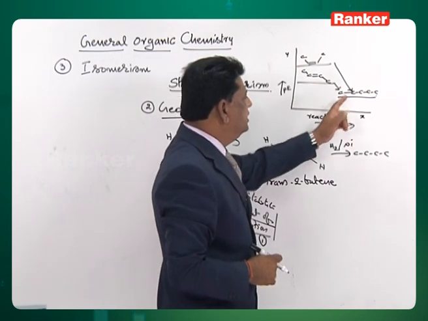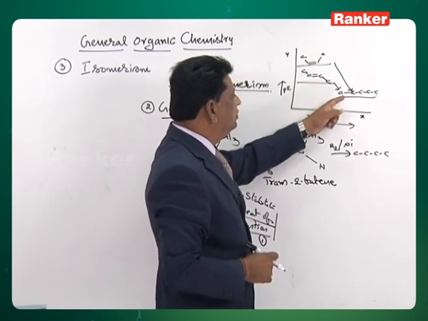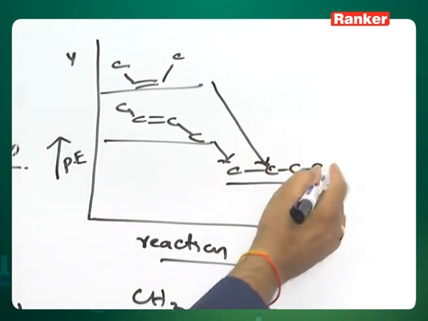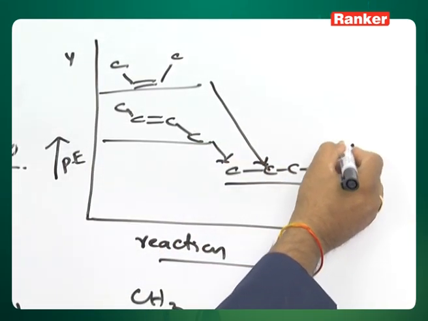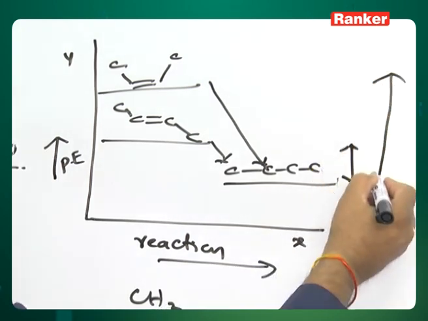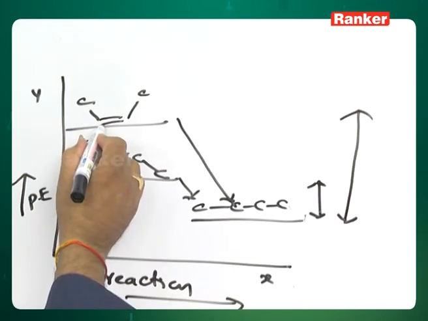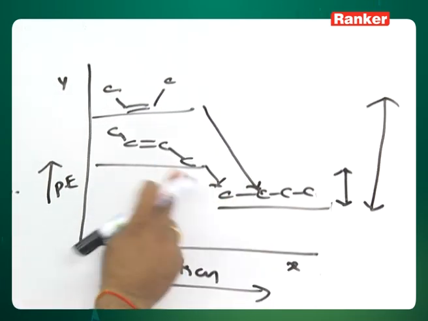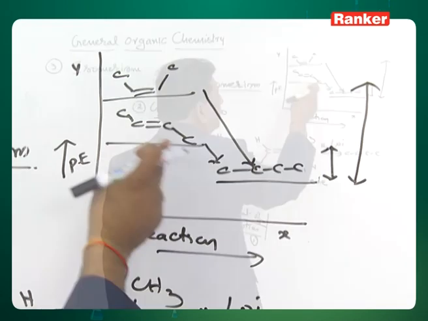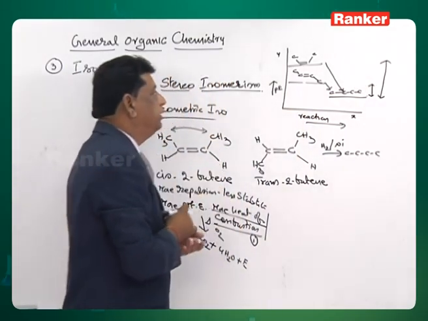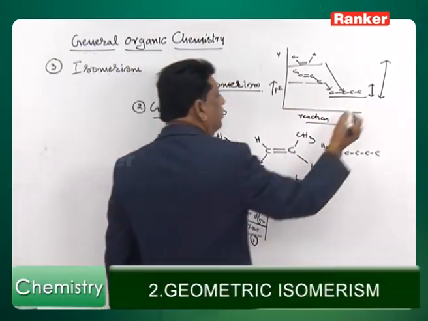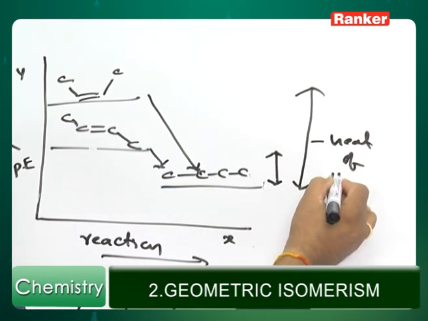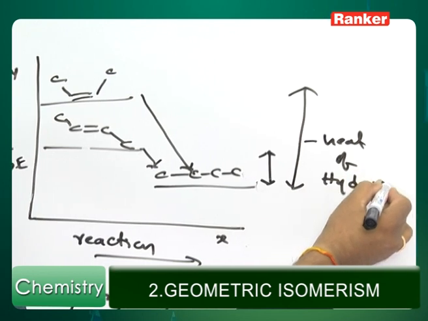We have not burnt it, we have just converted it into n-butane, so n-butane is formed with some liberation of energy. Here less energy is liberated, here more energy is liberated. Unstable compounds have higher potential energy, and when converted to n-butane, which is common, less potential energy will give less energy, more potential energy, more. This is called the heat of hydrogenation.